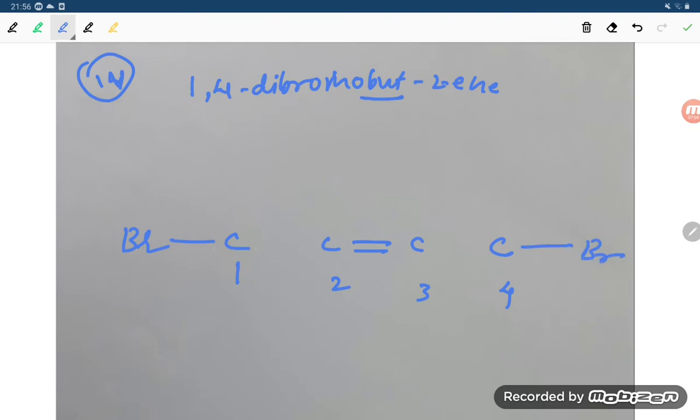Now you balance the valency of carbon to 4. So here is CH2, here is hydrogen, here is also hydrogen, here is CH2. So this is the first position, and the fourth position has bromo. So 1,4-dibromo, then but, and on the second position ene: but-2-ene. So this is our answer.